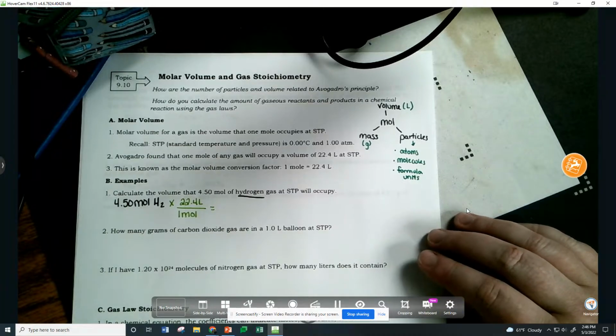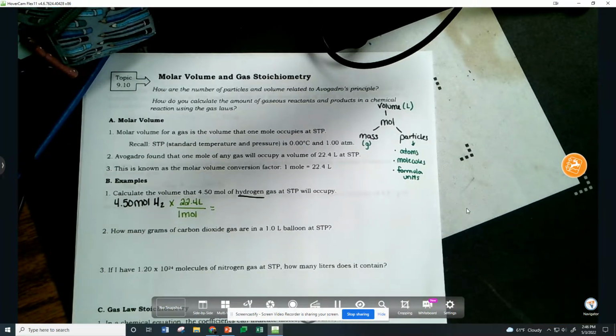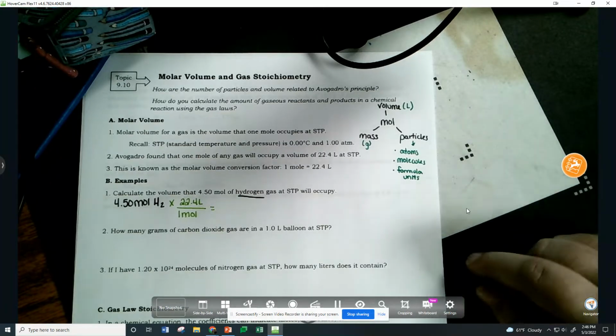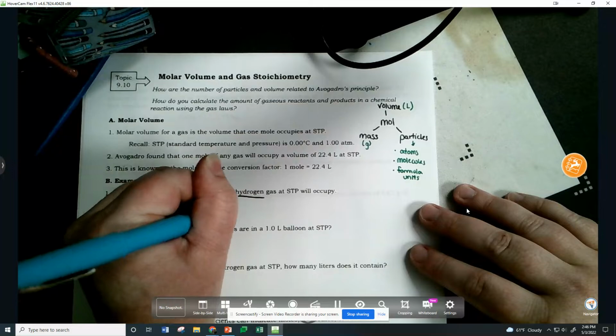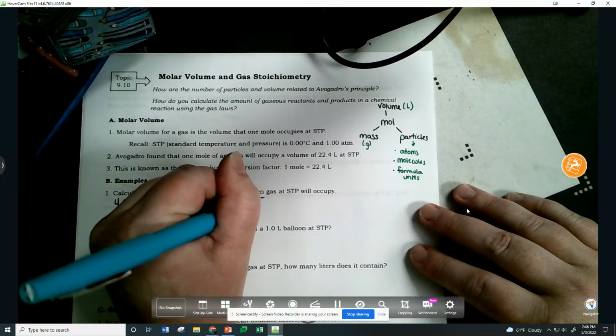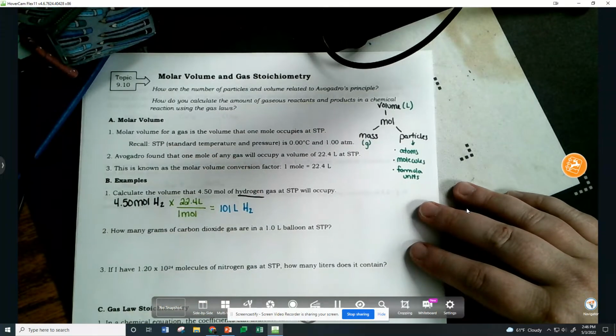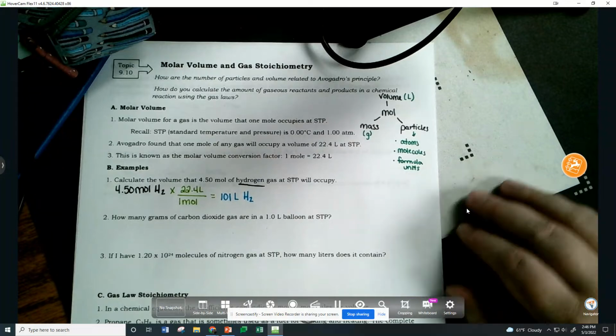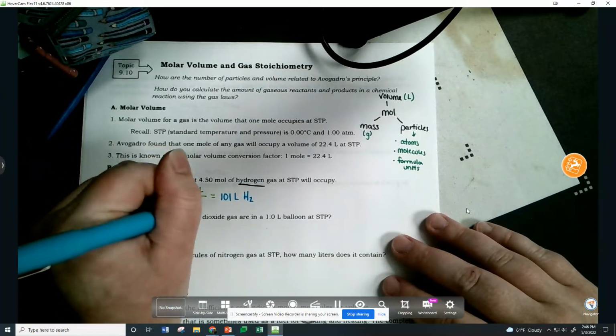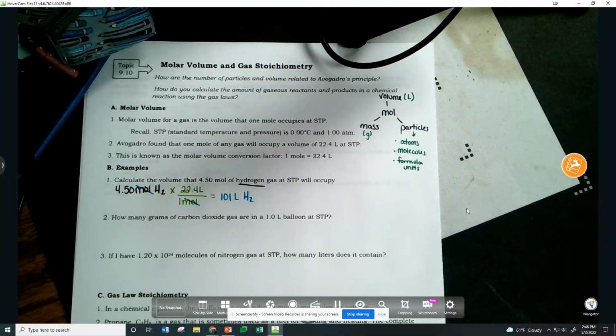When it comes to our answer, we're going to keep 3 sig figs from our given. With rounding, we get 101 liters of hydrogen gas. You can cross out the moles here if you would like, and then we're all done.